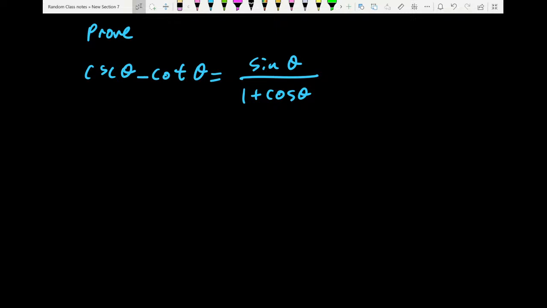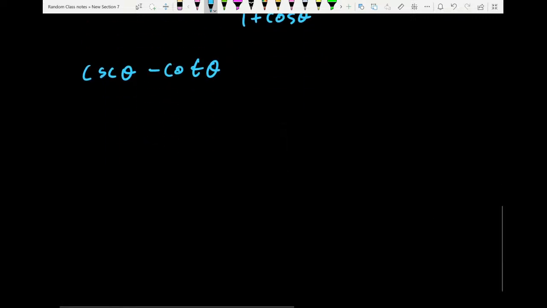What side do you want to pick, Hannah? You like the left side? Okay, let's pick the left side. All right, let's work on it.